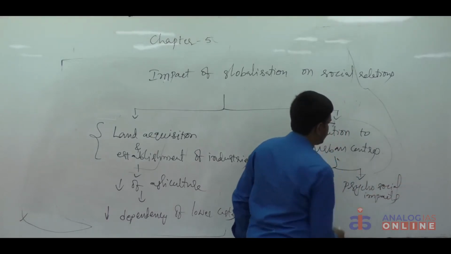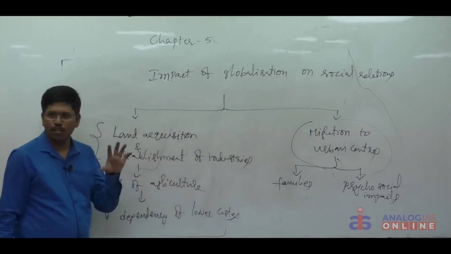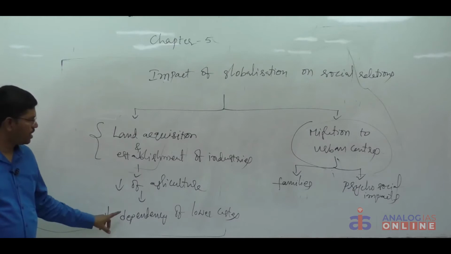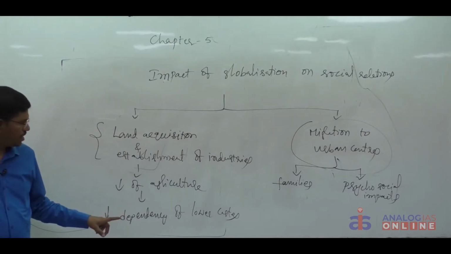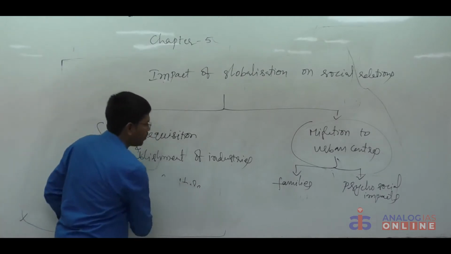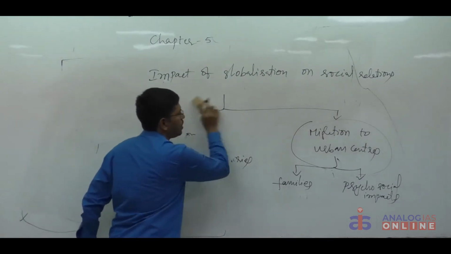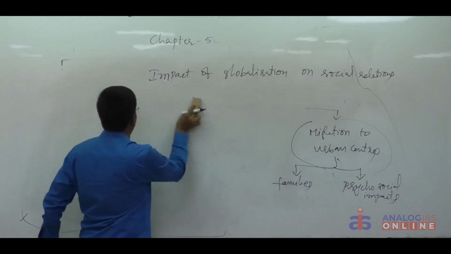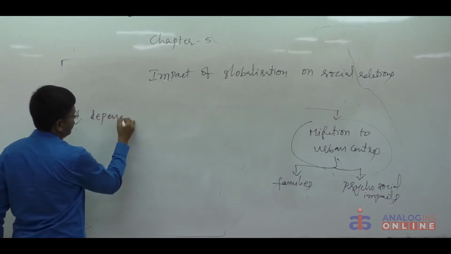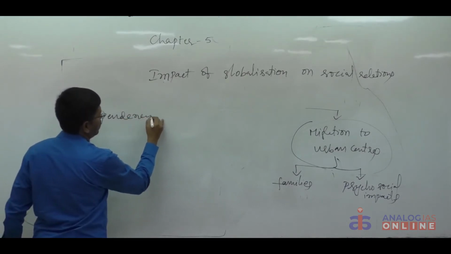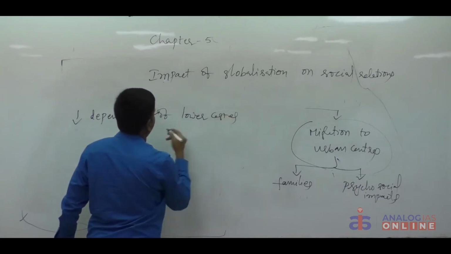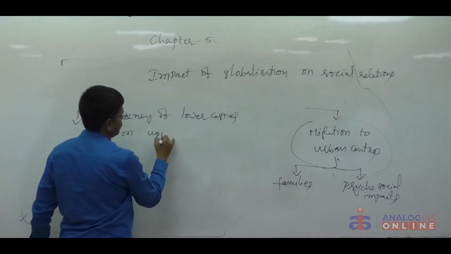That's why I told you, you have to remember a total of 3 points. One is dependence: because of the decline of agriculture, the dependency of the lower caste on the higher caste was decreased. This is only for your understanding. In the examination, you have to remember these 3 points. One is decrease in the dependency of lower caste on upper caste.